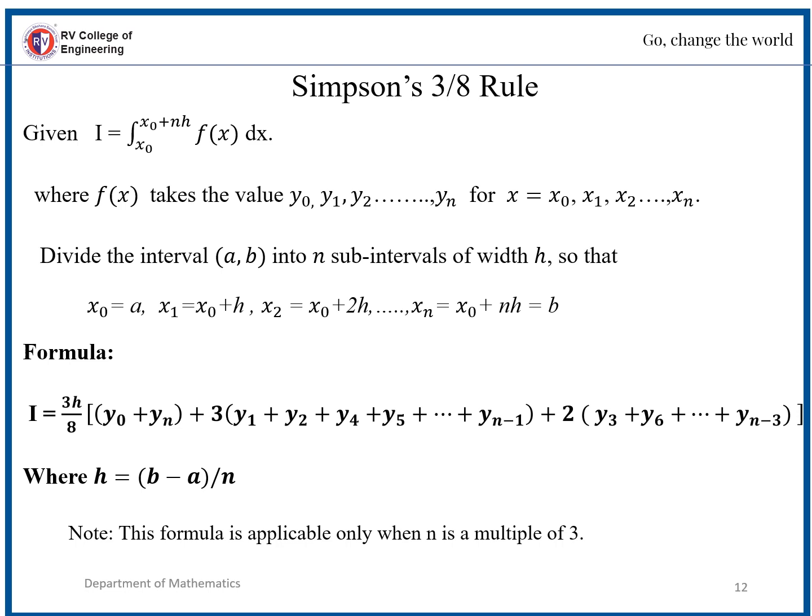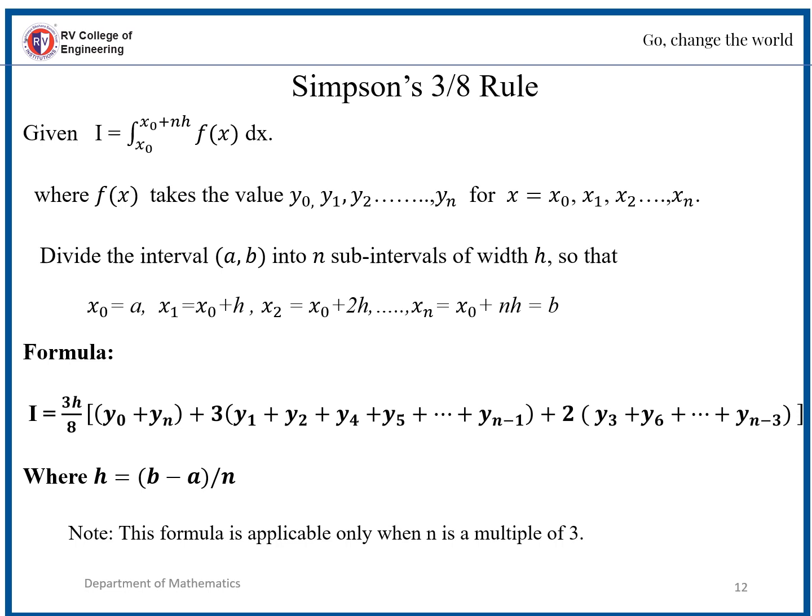When we observe this formula, how easily you can remember it is that when you write down the formula, I would be equal to 3, h is the width, which is the step size, divided by 8 times of y0 as the first value in the tabulated values and yn would be the last value.